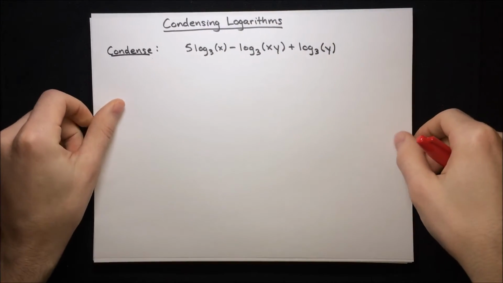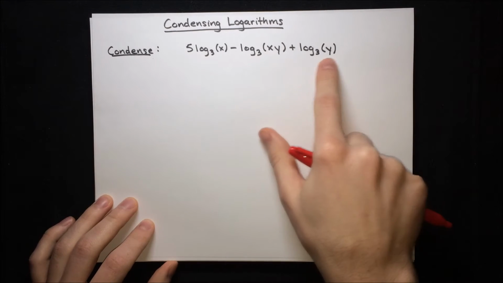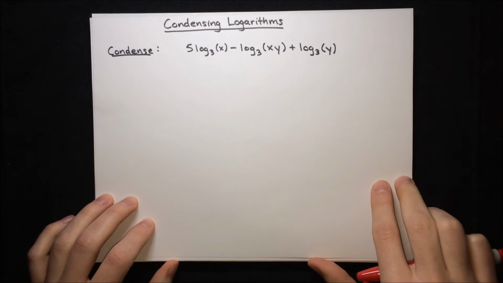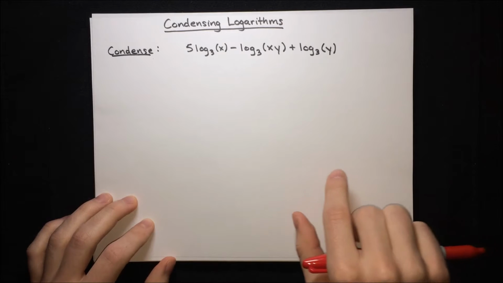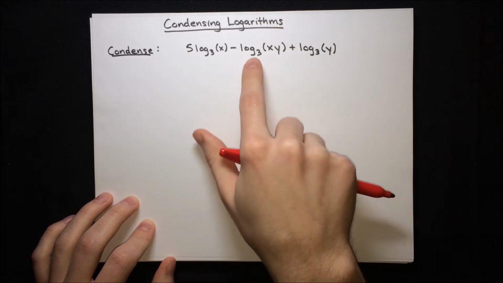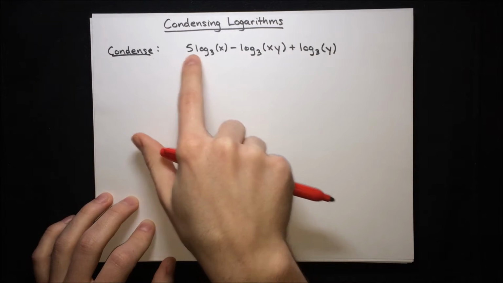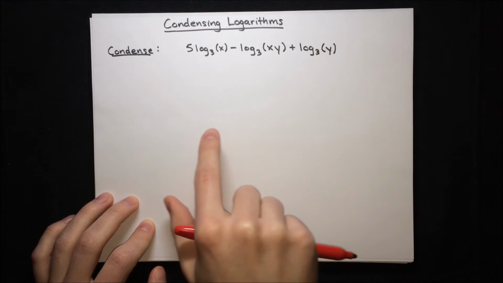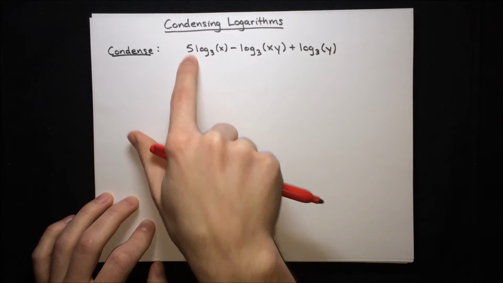For our first example, we're going to condense this logarithmic expression. We can't use the quotient rule or the product rule until we have logs by themselves. We don't want anything multiplying the logs. So we can use the power rule to get rid of that 5 in front of the log.